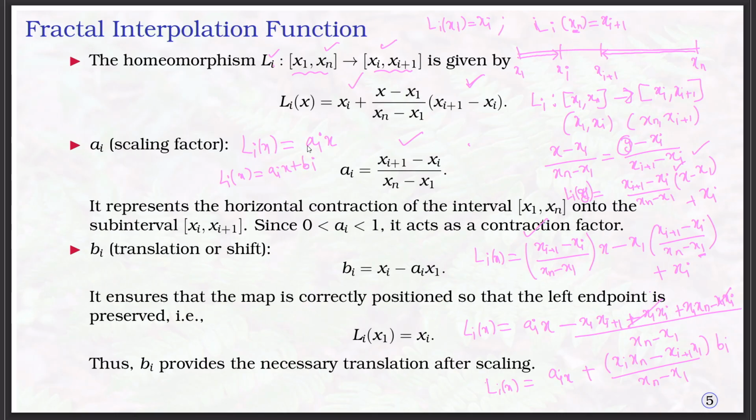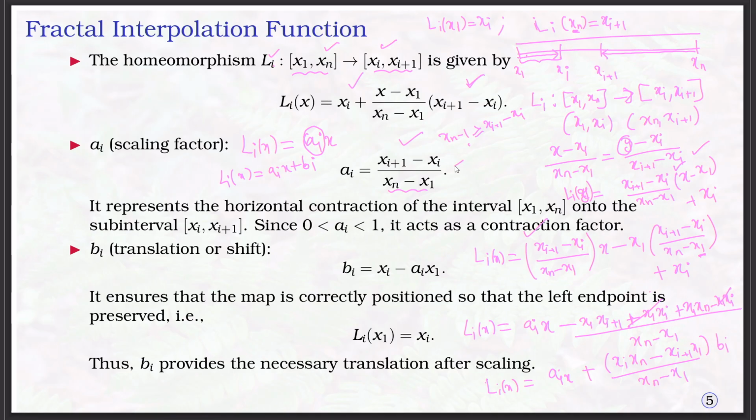Now, one can understand what is the nature of this ai. This xi plus 1 minus xi is the length of the subinterval, where xn minus x1 is the length of the whole interval. Then obviously, xn minus x1 is greater than or equal to xi plus 1 minus xi.